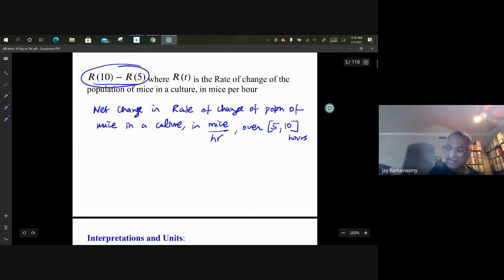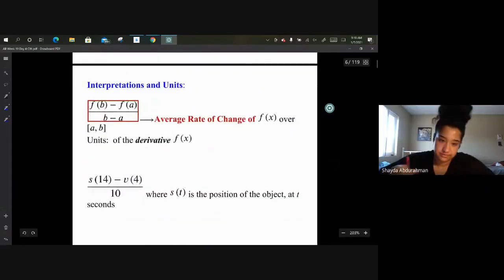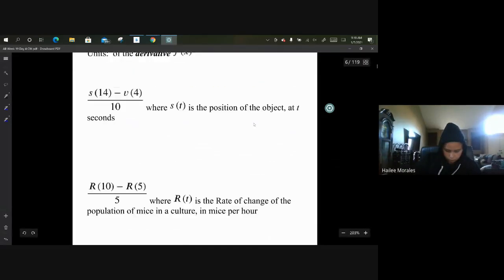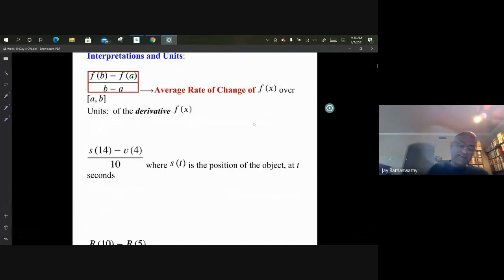Okay, let's do the next set of interpretations, right on page 6. It says, if you see the expression f of b minus f of a over b minus a, write it down, it is the average rate of change of f of x over a to b. Now pay close attention. We went over this yesterday during office hours, but I'm repeating myself. Can you see m sec is actually a rate of change?